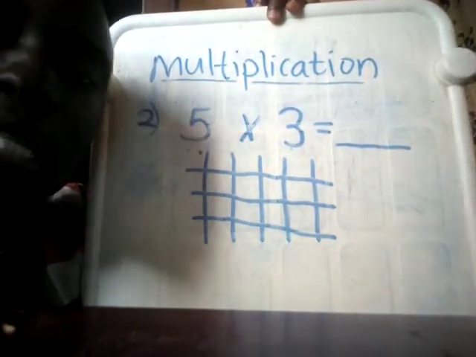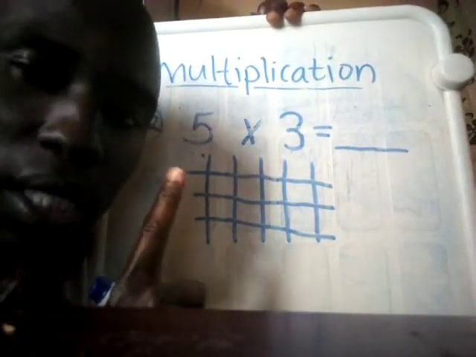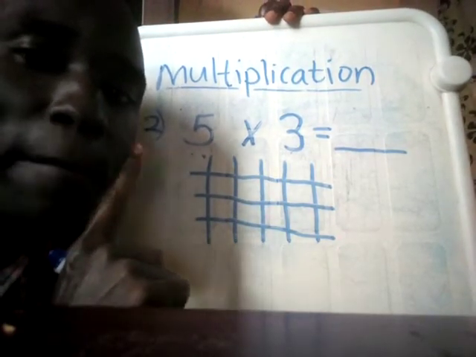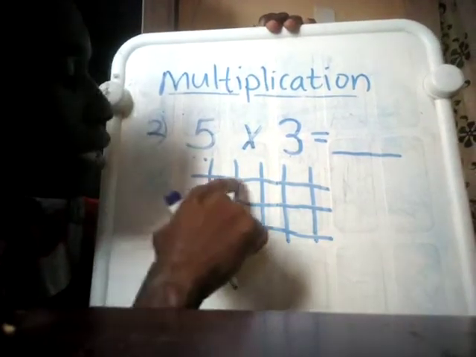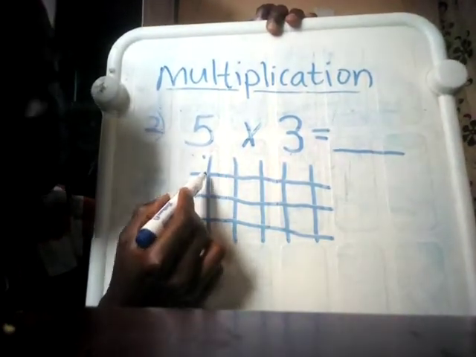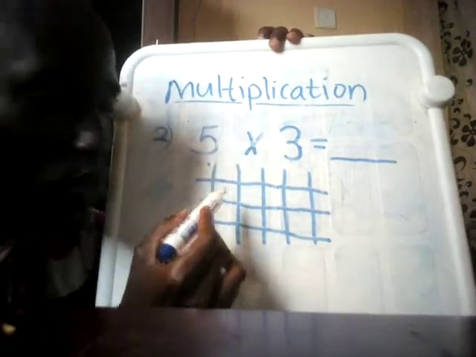Then the next thing we are going to do, we are going to count all the points where the lines meet, all the points where all the lines have met. So let's count all of them, the points of meeting of all the rows and columns. So let's start.